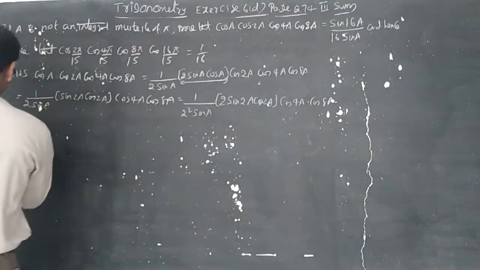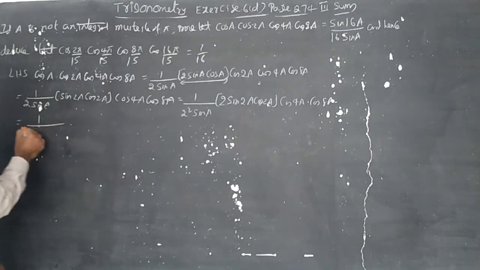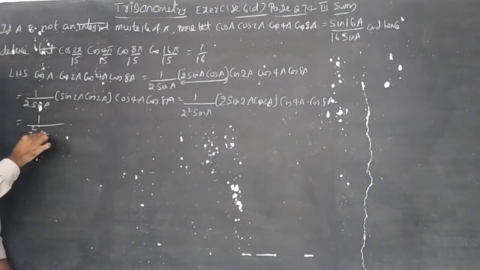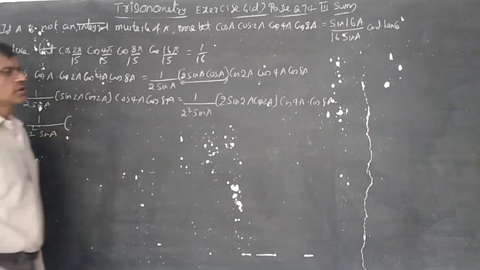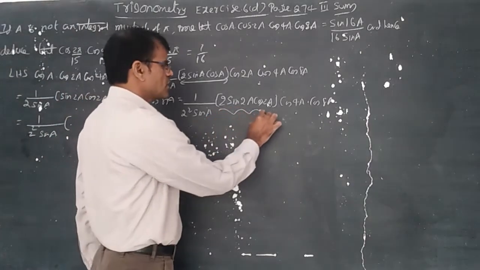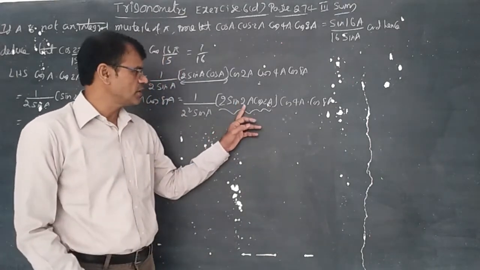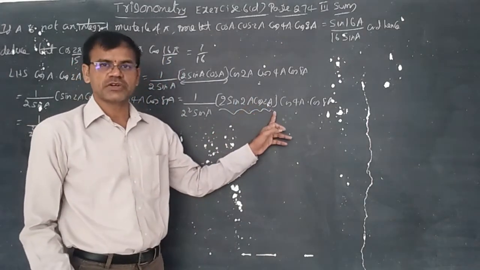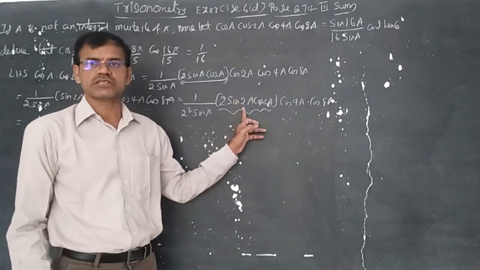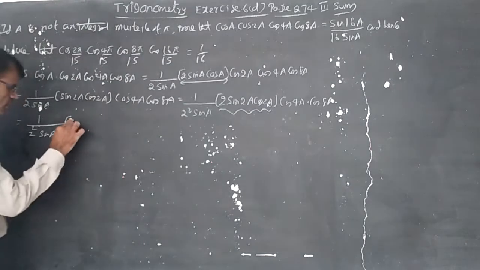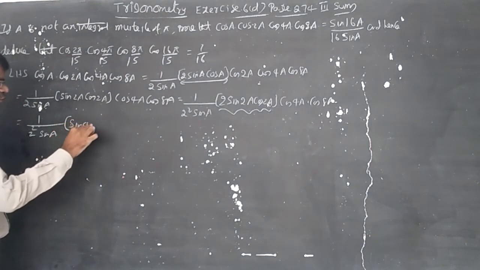That is equal to 1 by 2 square sin A into, here we know the formula of 2 sin A cos A is sin 2A. So whenever it is A, formula is sin 2A. Whenever it is 2A, formula is sin 2 into 2A, it becomes sin 4A. Now write like this, sin 4A.